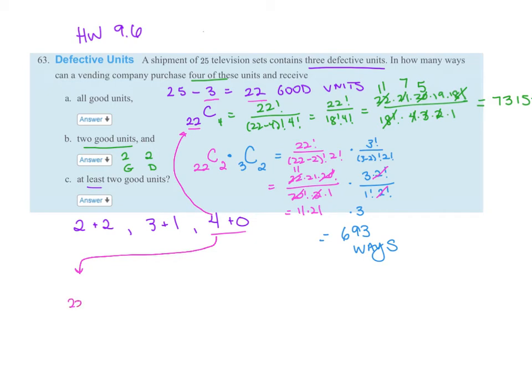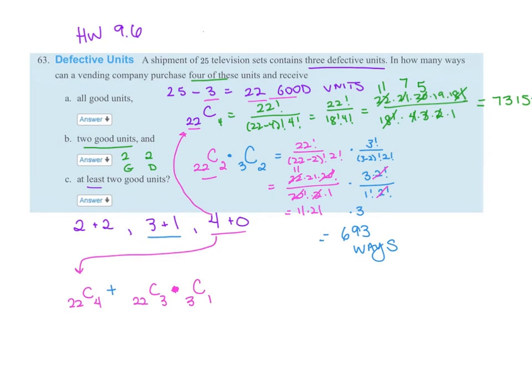So that's going to be 22 choose 4, plus then 3 good units. So we're going to choose 3 good ones, so it's 22 choose 3, times the defective, 3 choose 1.